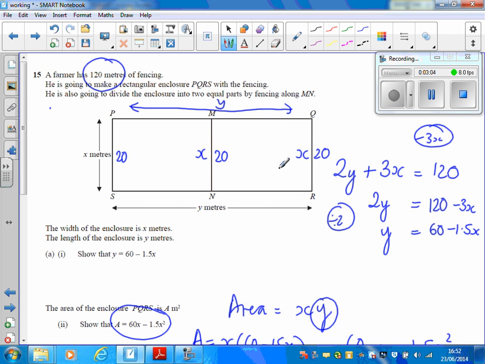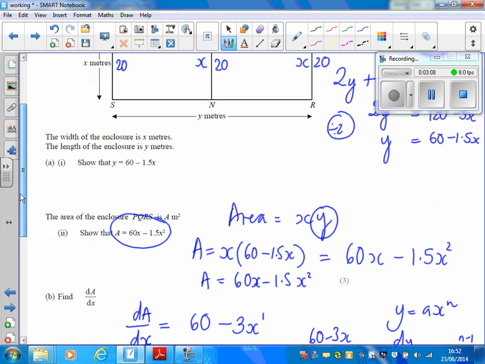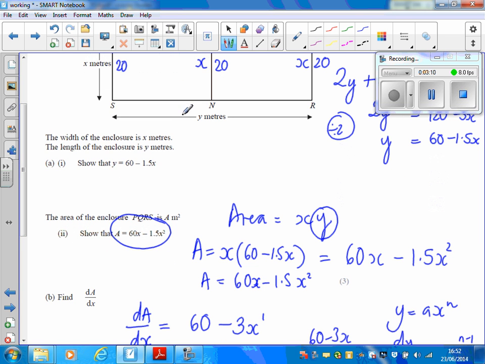So x is 20. The y is going to equal 60 minus 1.5x. So if x is equal to 20, y is going to be 60 take away 1.5 times 20, which is 60 take away 30, which is equal to 30.